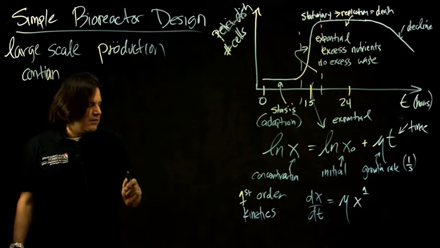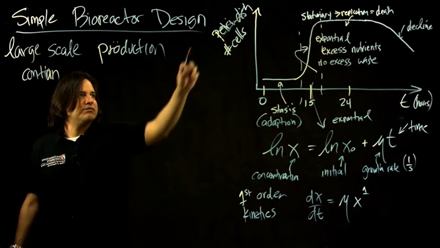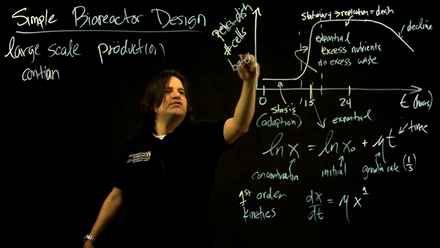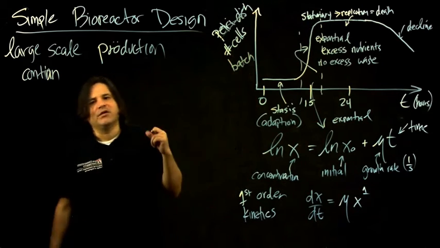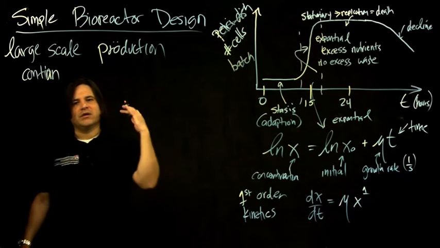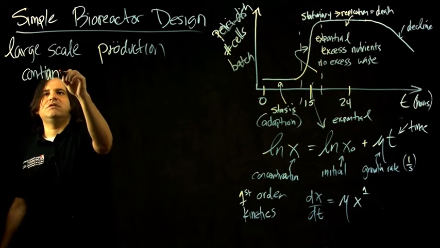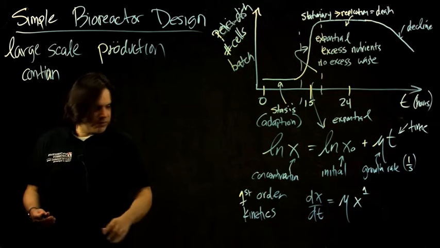So that's batch versus continuous. This is batch. Batch is useful in some cases, but most of the time when you're talking about large-scale production, you want continuous assembly line flow. So this is continuous, if I can learn how to spell.